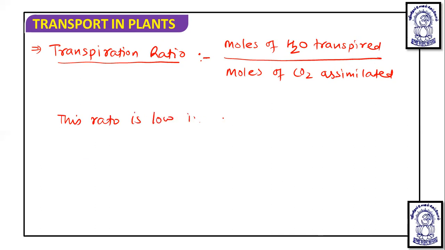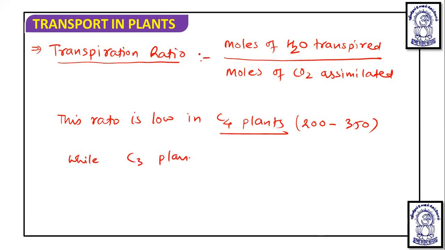This ratio is low in C4 plants. C4 plants are temperature tolerant plants; we will discuss them in the photosynthesis chapter. They have a value of 200 to 350, while C3 plants have a transpiration ratio of 500 to 1000.